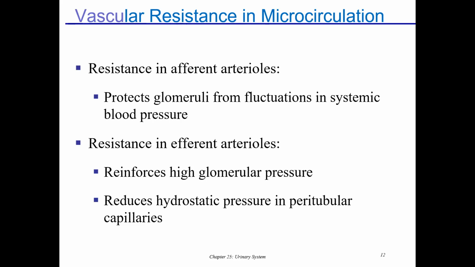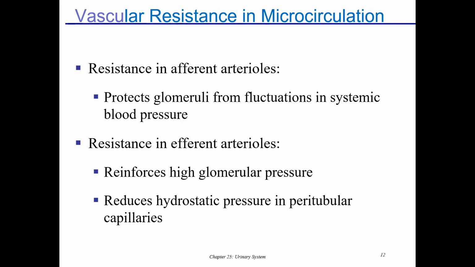So anyway, the efferent arteriole is sort of the safety valve. The efferent arteriole maintains the pressure in the glomerulus because it's a smaller structure. It also prevents high pressure blood in the glomerulus from entering the peritubular capillaries.